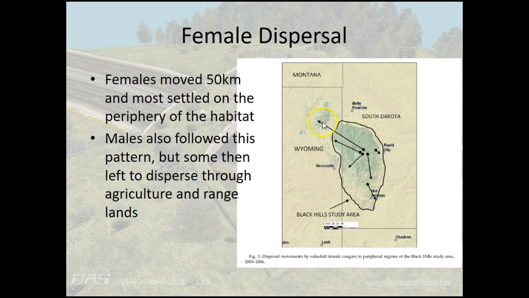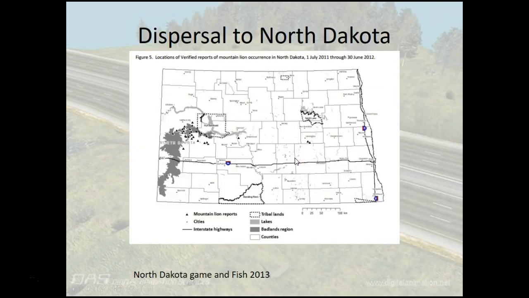The females definitely left some of the core areas where they were collared and followed, but they dispersed to the peripheral part of the population. So remember, it's our young animals that get booted out. They're looking for mates, or they're trying to avoid getting in scraps with more dominant animals, so they come to the edges of the population or settle just outside.